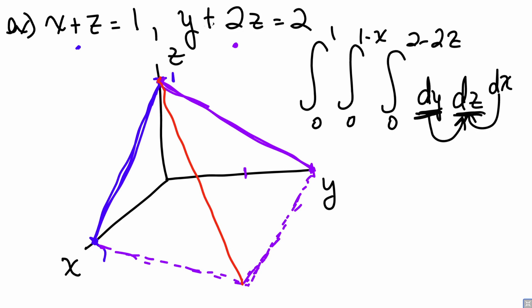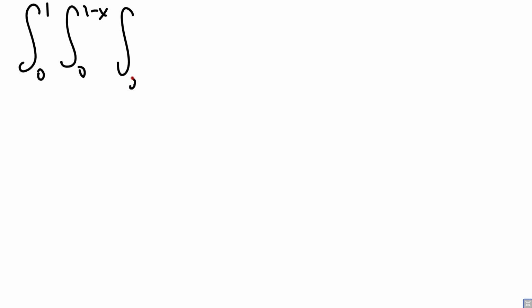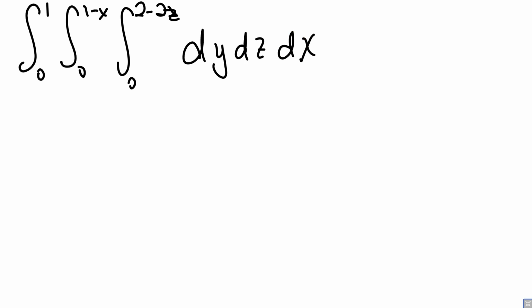Now we're going to evaluate this. We're going to look at the integral from 0 to 1, the integral from 0 to 1 minus x, then the integral from 0 to 2 minus 2z, and we're doing dy, dz, dx.